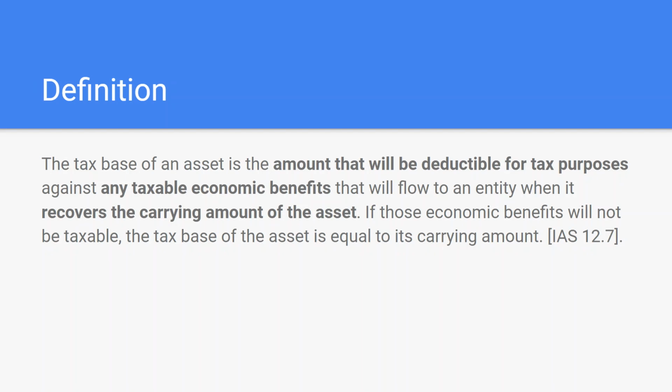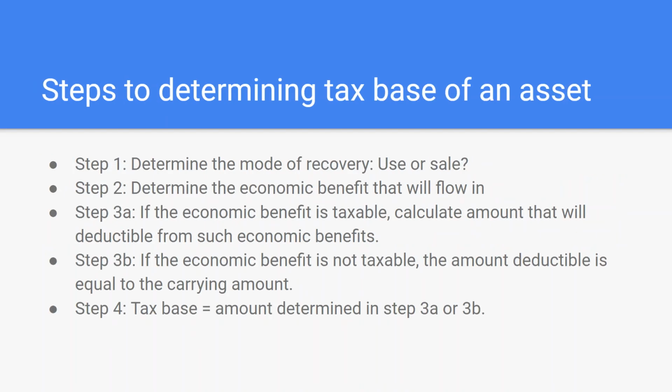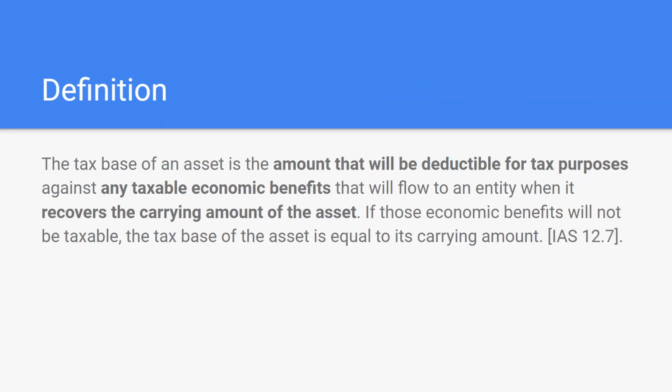This definition is long, and if you're not familiar with it, it can be a bit confusing to understand. So what I've done in this case is to try and identify key steps that you need to go through to help you determine the tax base of an asset. And trust me, these steps that you can see are based on the definition in IAS 12, this definition.